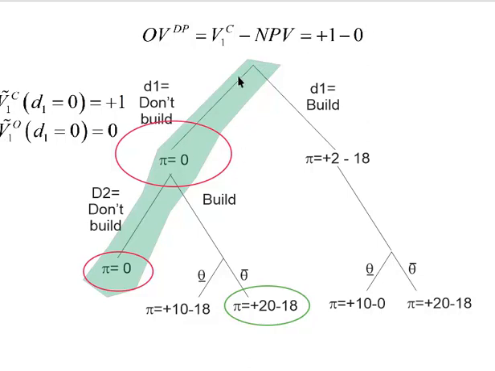So the notion of option value, according to Dixit and Pindyck, is the difference between a decision rule in which you make your decisions in the second period or in the future with new information, versus the decision rule in which you make your decision without taking into account, over the whole range of time, the information that you're going to have. All right, so that's the option value concept of Dixit and Pindyck.